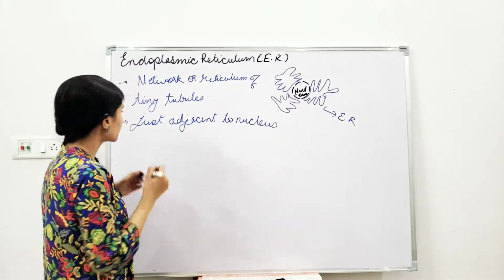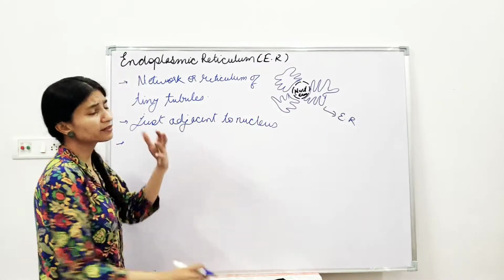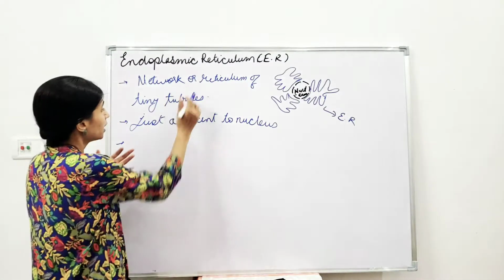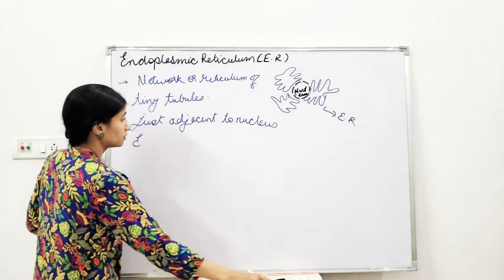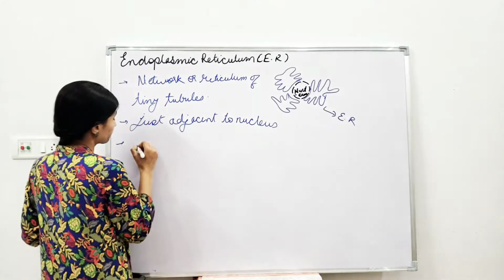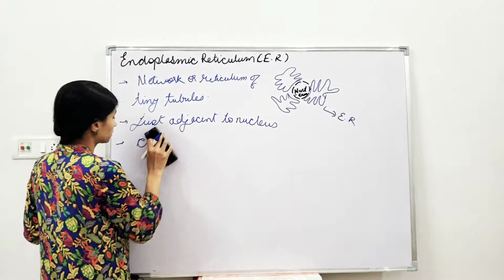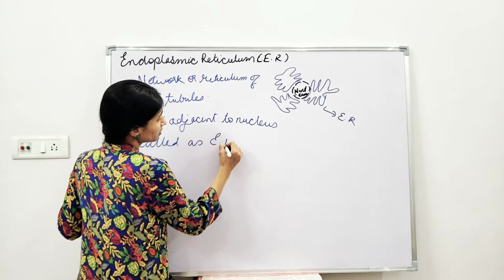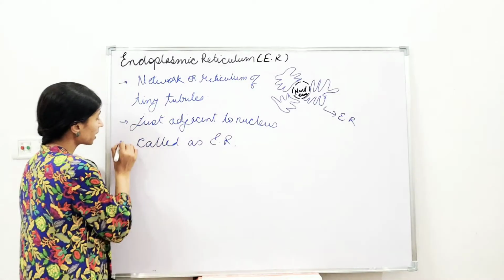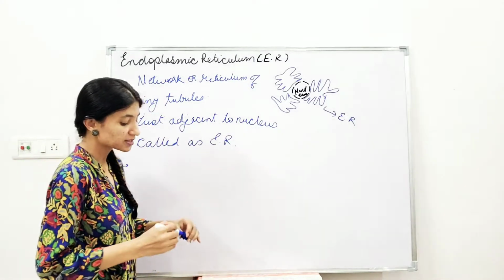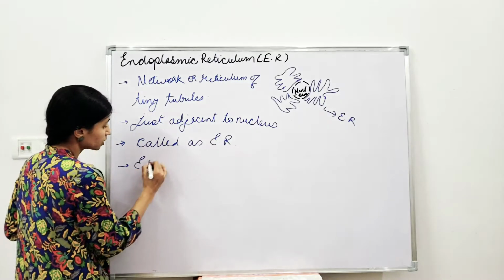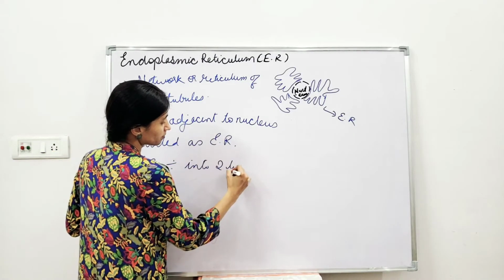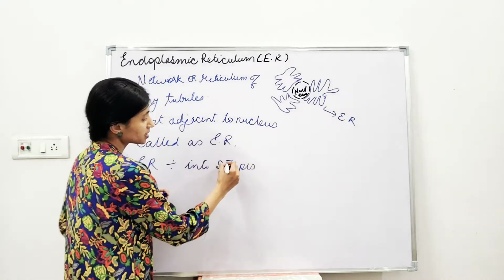Now, the endoplasmic reticulum is divided into two parts, so ER divides into two types. I'll tell you how.